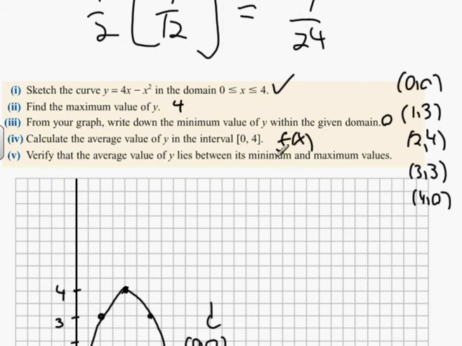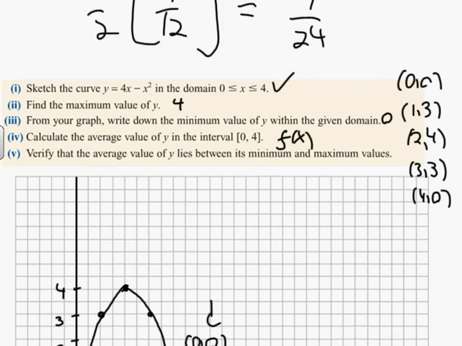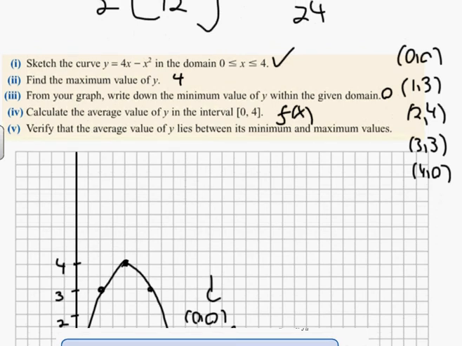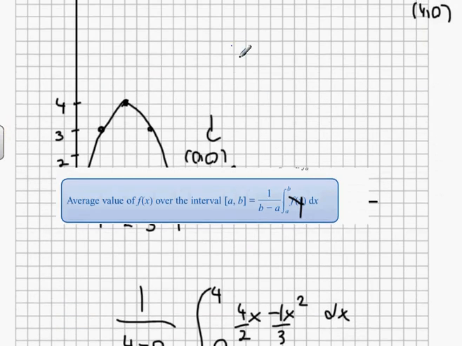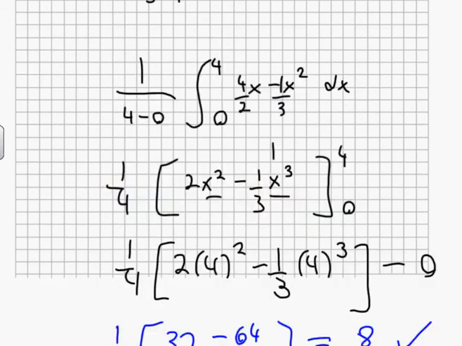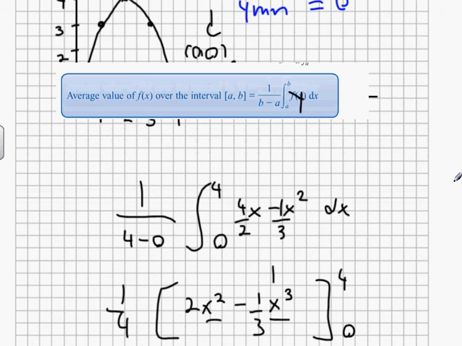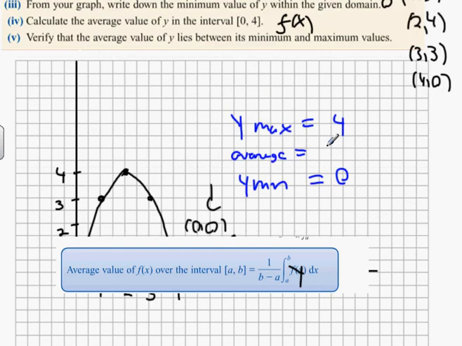Verify that the average value of y lies between the minimum and maximum values. Does it lie between the minimum and maximum values of y? So y max is 4, y min is 0. And the average is equal to, what did we say it was? 8 over 3, which is 2.67.